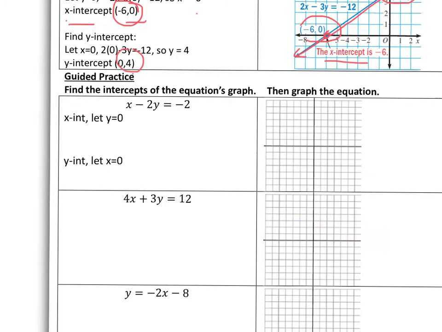Let's practice. When x is 0, y is 1. Okay? Because 0 minus 2y equals -2, and then y will be 1.